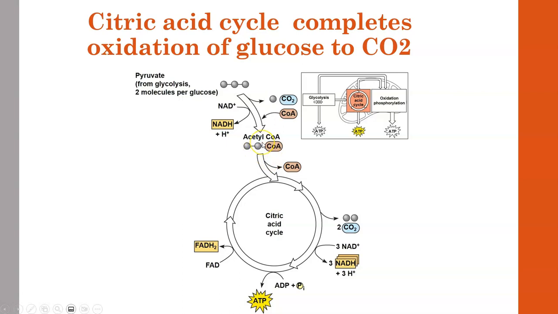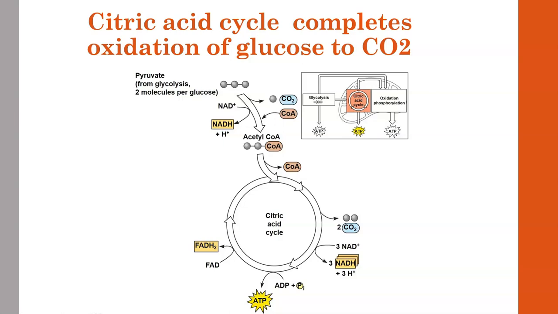So all the carbons that feed the citric acid cycle are going to be ultimately broken down and released as CO2. So you might be wondering, what's the point of the citric acid cycle? Is there going to be any energy yield from this? The answer is yes. The energy is going to be contained within these compounds, NADH, FADH2, which carry electrons ultimately to the last stage, oxidative phosphorylation, and then also ATP here, the 2 ATP that we talked about already.